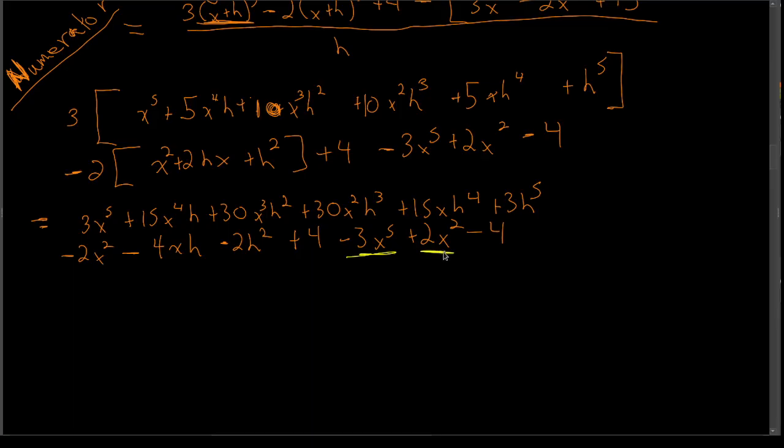Here's my original function. The signs have changed. And in the first part, there's my original function. The things I'm going to underline in blue are just how the change is affecting it. So these are all the things that have h in them because the change was affecting it.